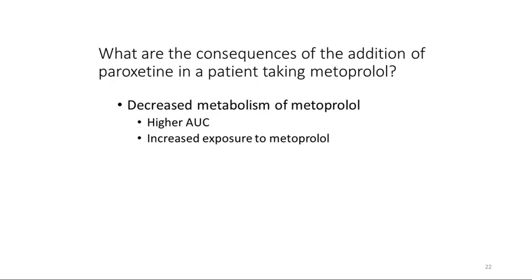Now, what's the consequence of adding paroxetine? So we had a drug-gene interaction, intermediate metabolizer, but now we're adding paroxetine to metoprolol. Well, here we've got a drug-drug interaction. Paroxetine is a potent 2D6 inhibitor. So where decreased metabolism was in place based on genetics, now we have even further decreased metabolism.